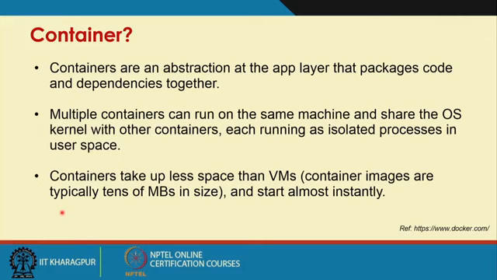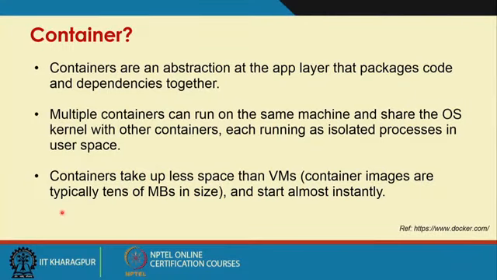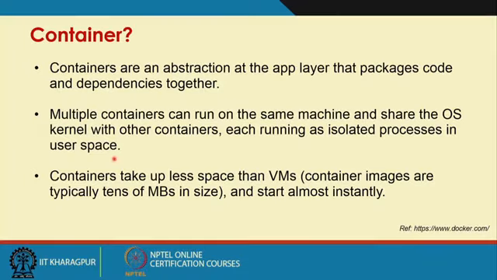So, just to recap, containers are an abstraction at the app layer that packages code and dependencies together. It is an abstraction at the application layer that bundles code and dependencies together. Multiple containers can run on the same machine and share the OS kernel, with each container running as an isolated process in user space, right.